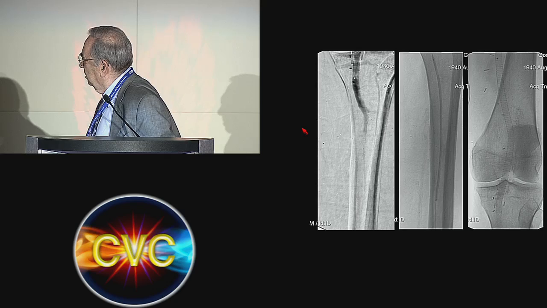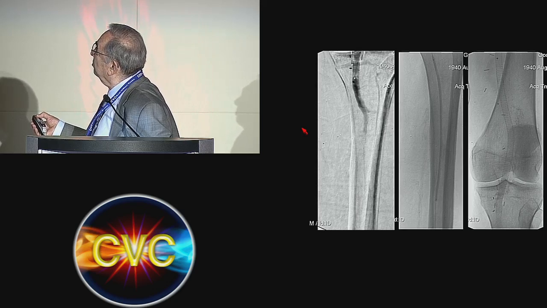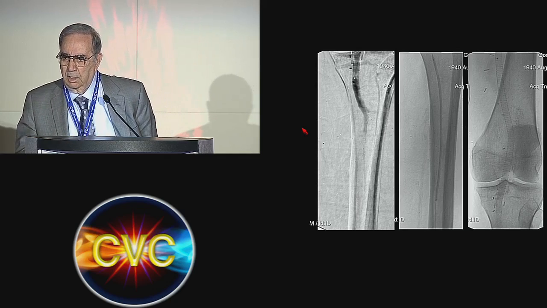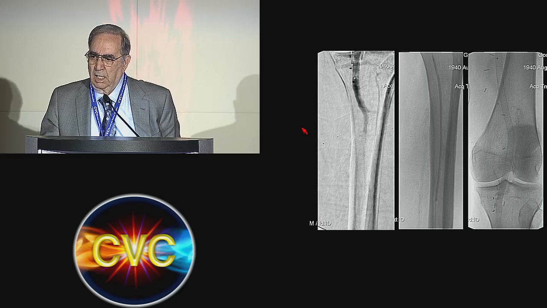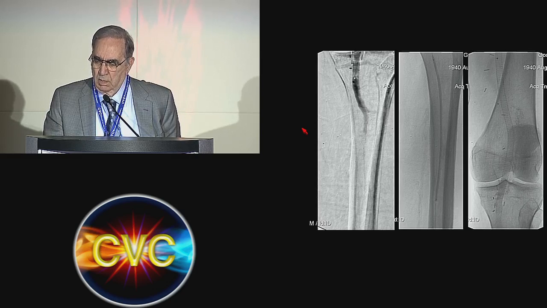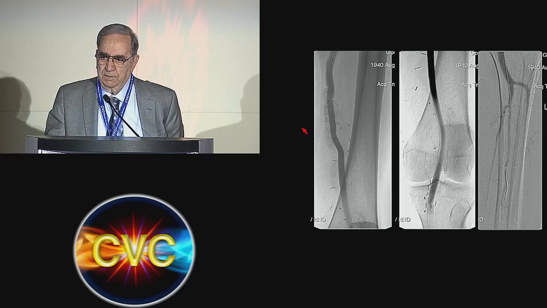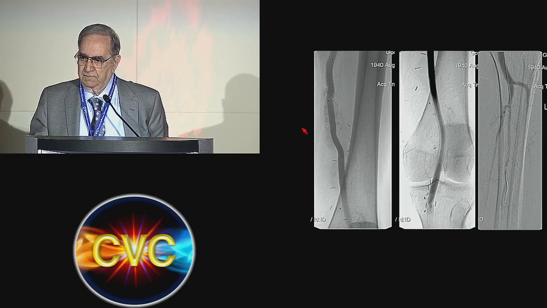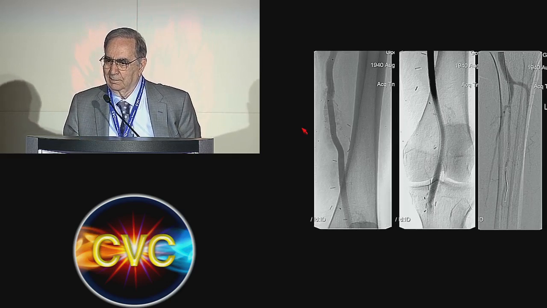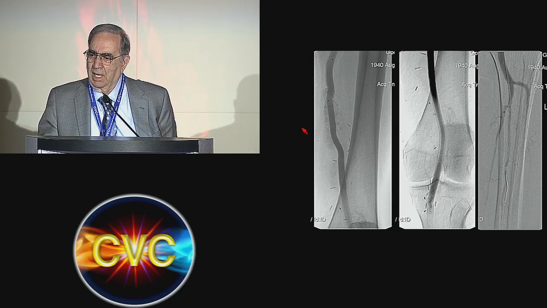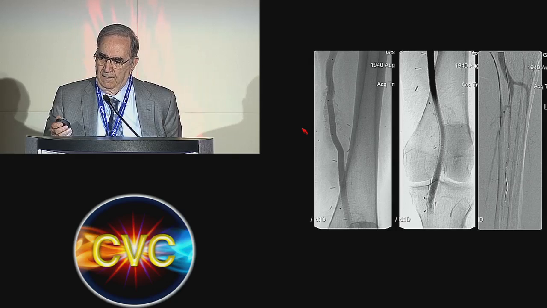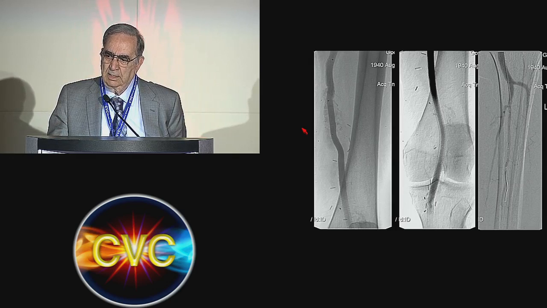Here is the landing zone below the knee, and here is right above the aneurysm. Then you see the graft. I'm sorry, that's Gore's graft, Viabahn. And now you can see that he really has 3-vessel runoff.